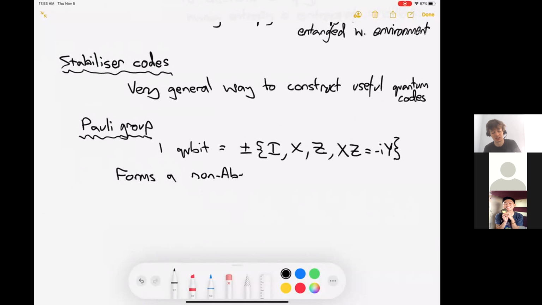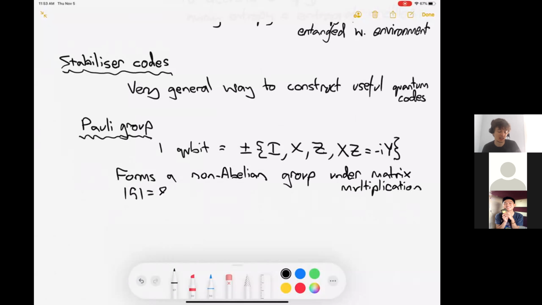Non-Abelian, with the capital on the A rather than the capital on the N, because Abel is a name, but non is not. A non-Abelian group under matrix multiplication. So when we multiply any two things in this group, you get something else in this group. And of course, it's a group G containing 8 elements, an order 8 group.